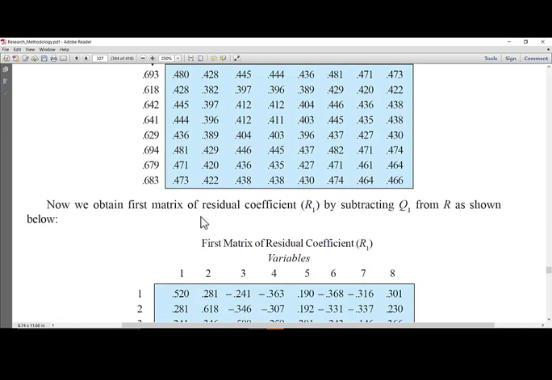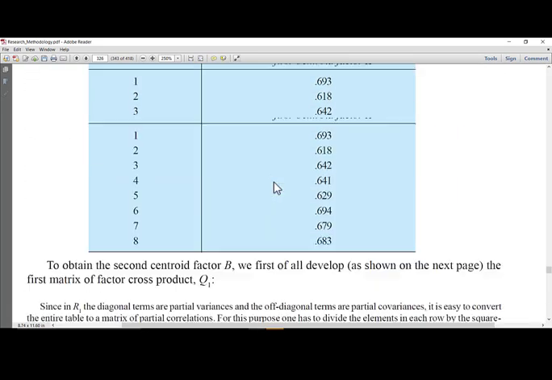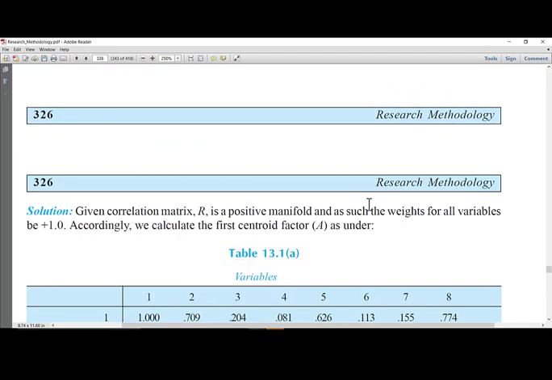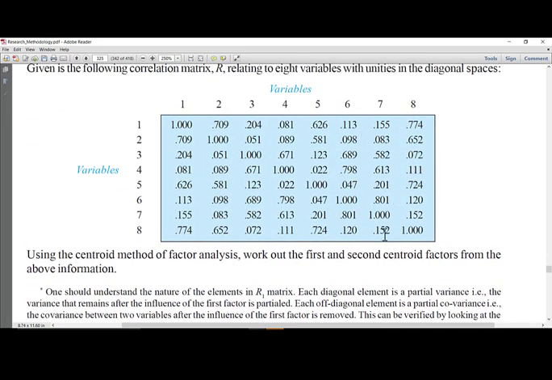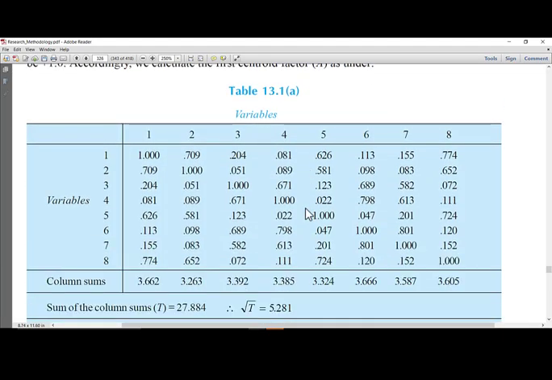And then we obtain the first matrix of residual coefficient R1 by subtracting Q1 from R. That means this matrix Q1 is subtracted from this original correlation matrix, and the same is available here.